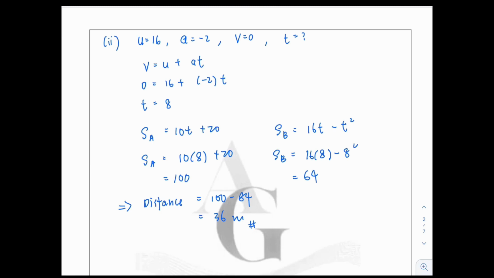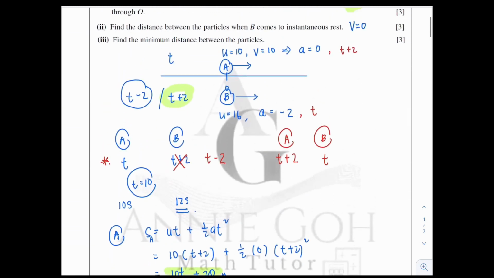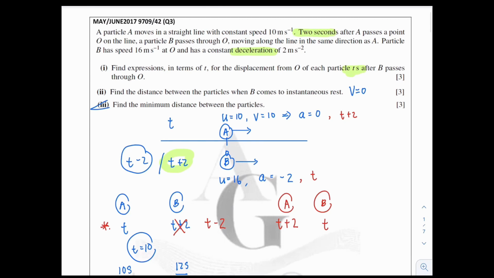And the last part, part 3, is the tricky one. Let's read the question. Find the minimum distance between the particles. How to find the minimum distance between the particles? Still remember what you have learned in AS?